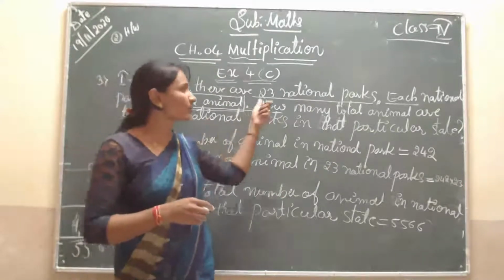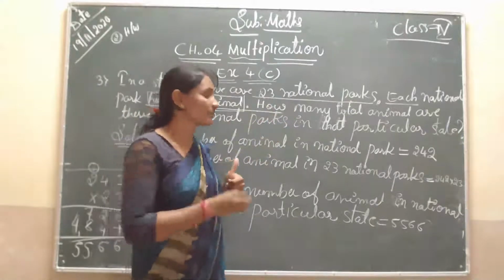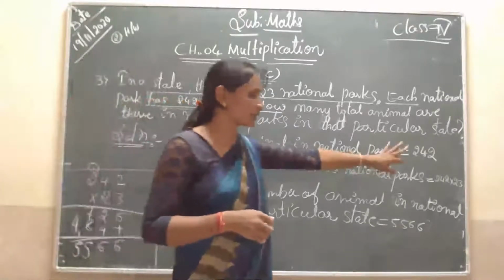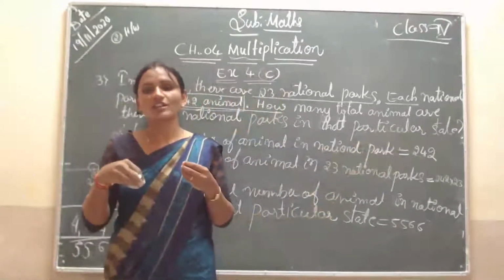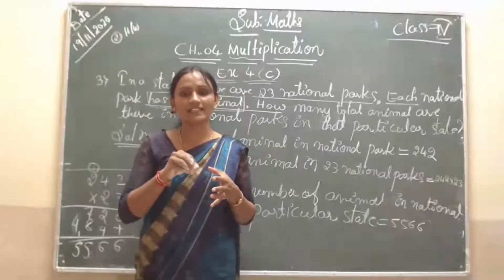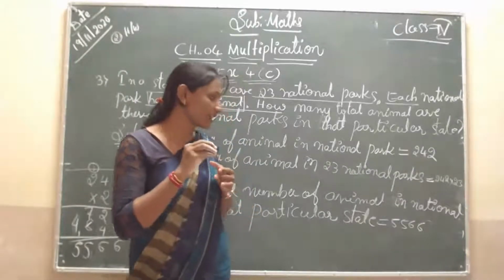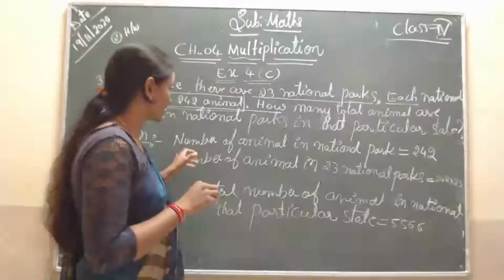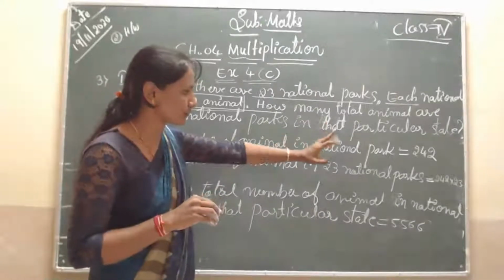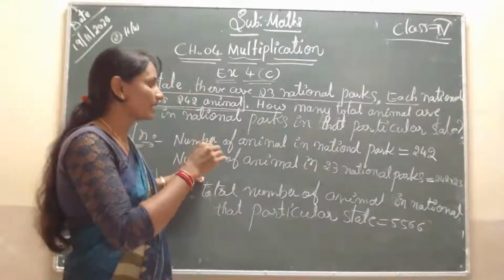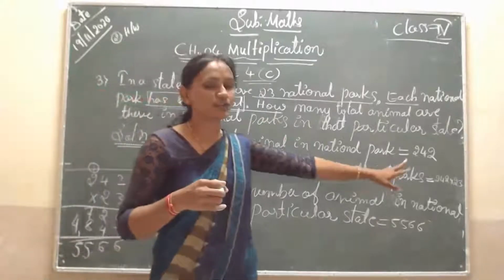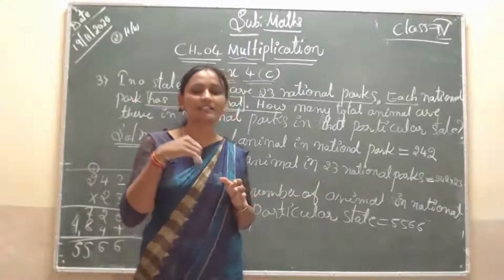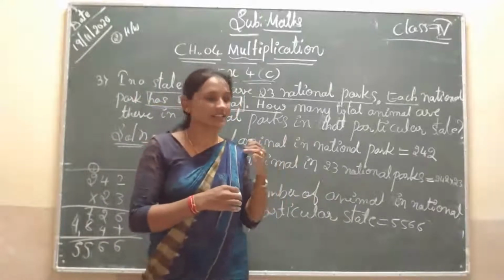That total is 5,566. So first I wrote the statement: the number of animals in a national park is 242. Next, the number of animals in 23 national parks is 242 into 23. So I found that 5,566 is the total animals in this state. Okay.